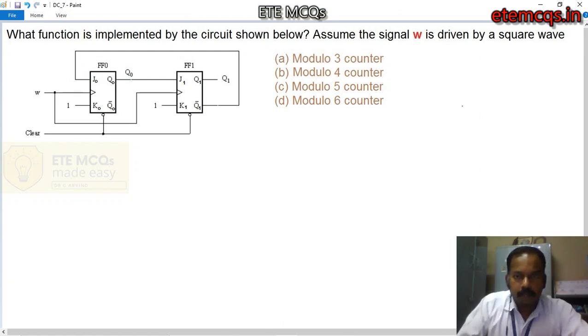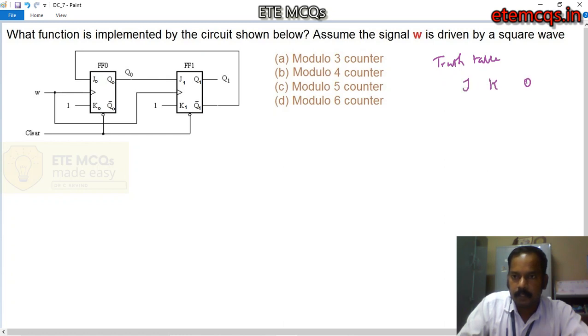Now to find the mod number of this sequential circuit, since the circuit is constructed using JK flip-flop, let us write the truth table of JK flip-flop.